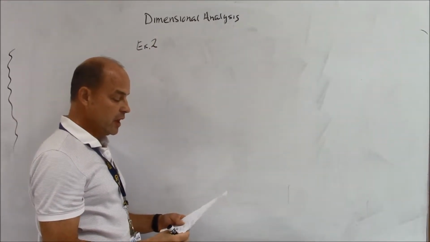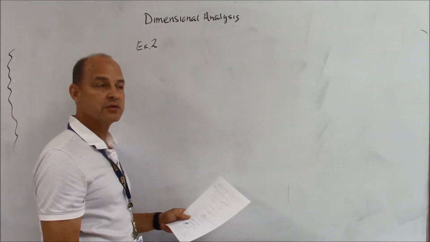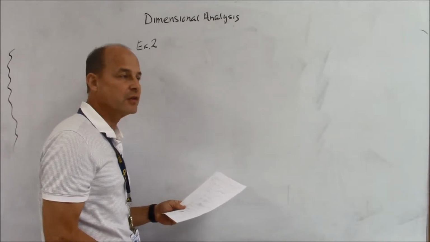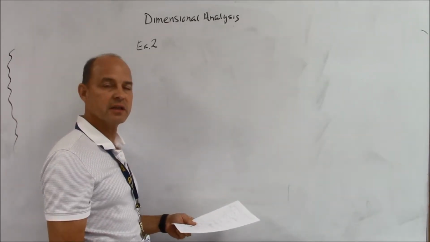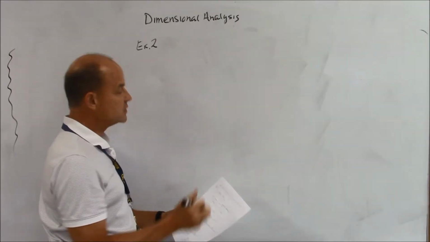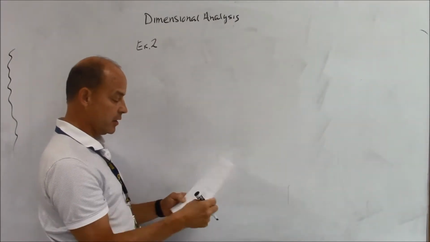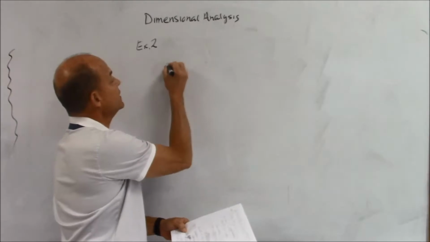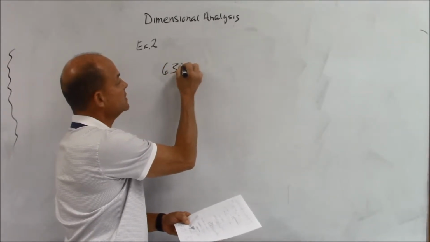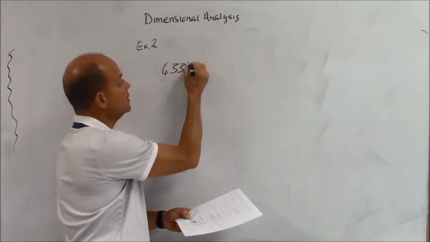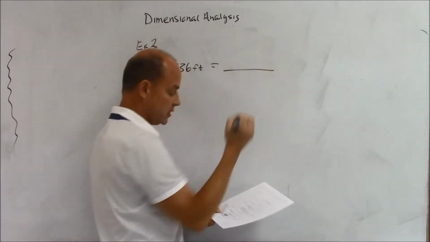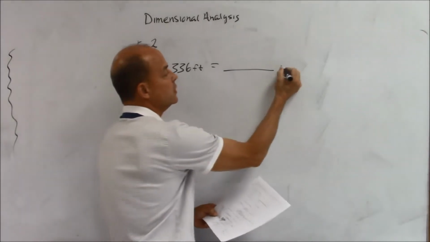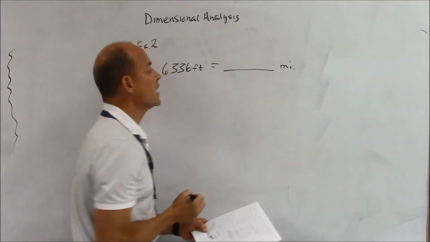Now, example number 2, again, you're writing these examples in your notebook. Example number 2 is sometimes you had to do some conversions, and this was on the last test, where it wasn't a base 10. It wasn't as simple as moving the decimal point. So say we had 6,336 feet, and we wanted to convert that to miles.